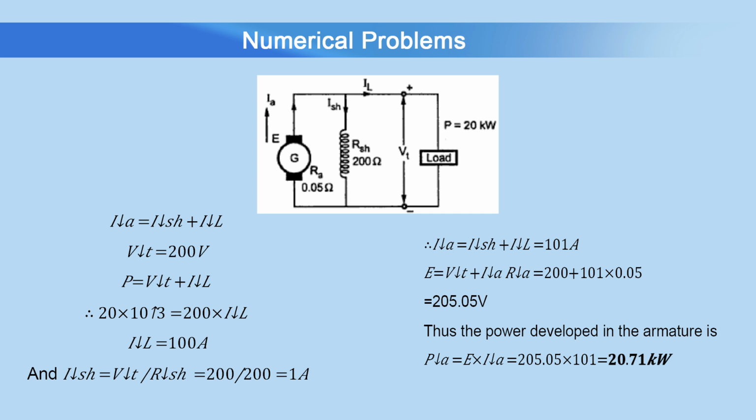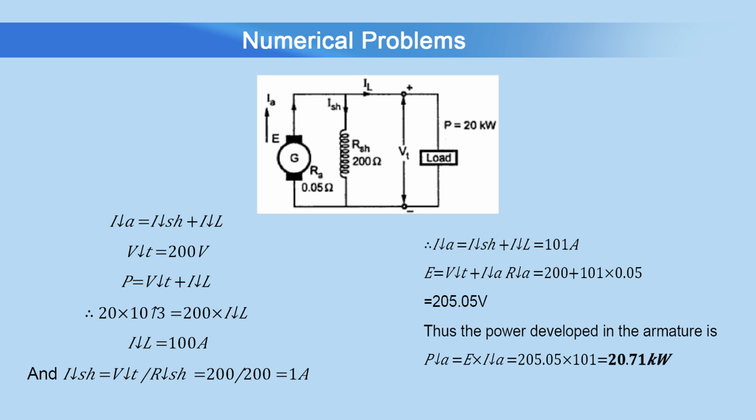Now by using those values, easily we will find out the induced EMF, which is E equal to VT plus IA into RA. So we know the value of VT, which is 200, plus IA, which is 101, and we know the value of the armature resistance, which is 0.05. Substituting those values in the equation, you will get the induced EMF is 202.05.